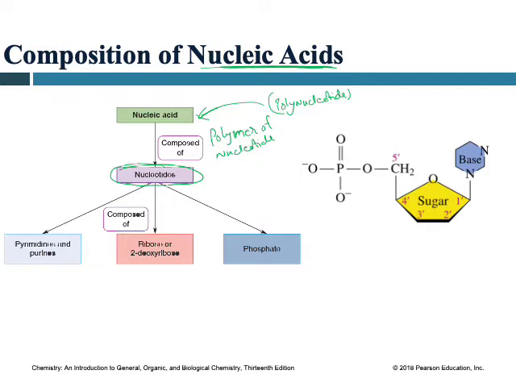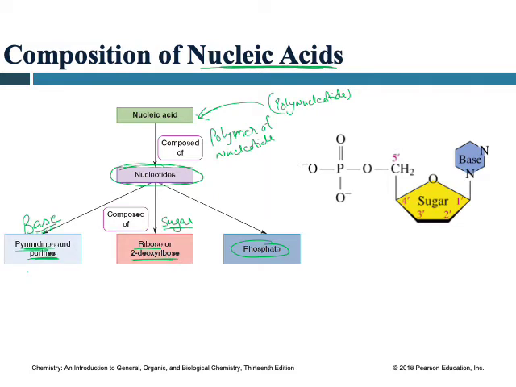A nucleotide is made up of three parts. One is called the base. The second is called the sugar. And the third is called the phosphate. So a nucleotide is made up of three components: base, sugar, and phosphate. There are two types of base: pyrimidines and purines. And the sugar can be ribose or 2-deoxyribose, and you have a phosphate.